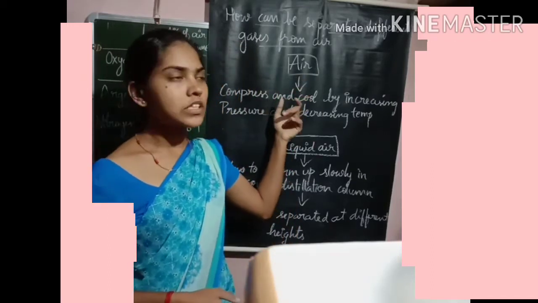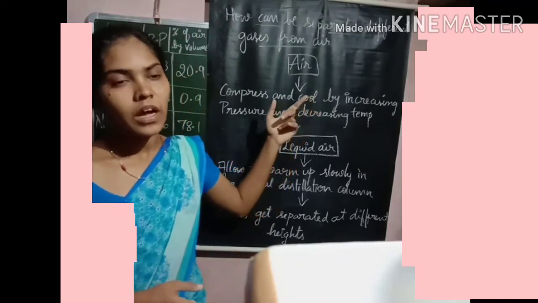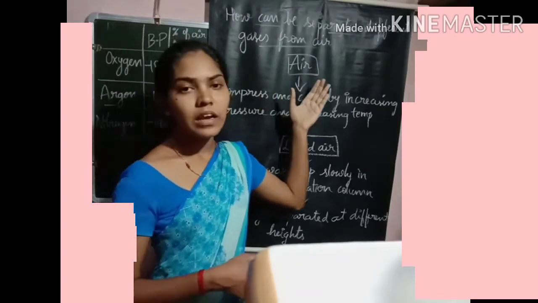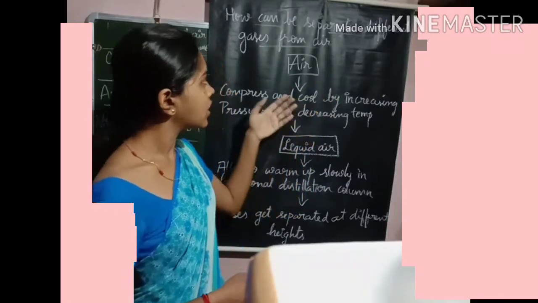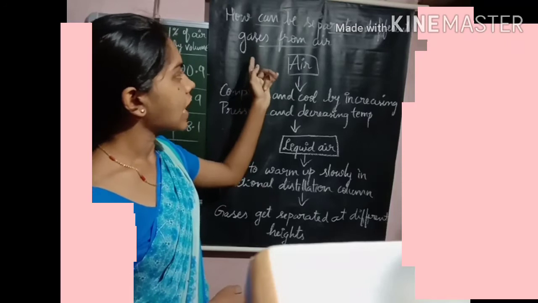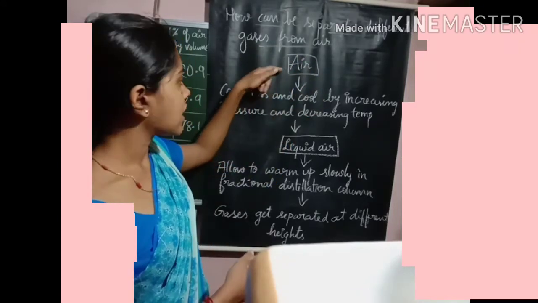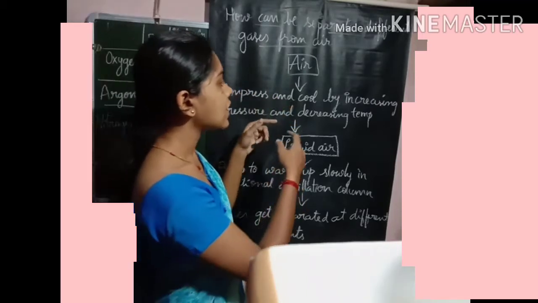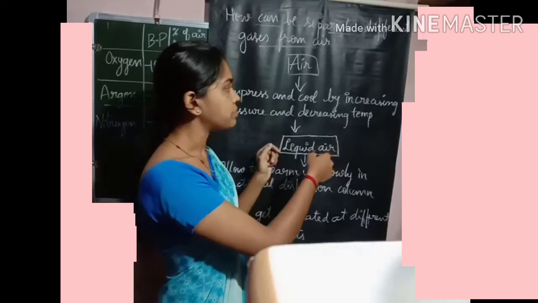Here is a flow chart which explains how the gas particles are separated from the air. First, the air is taken and it is compressed and cooled by increasing the pressure and decreasing the temperature.